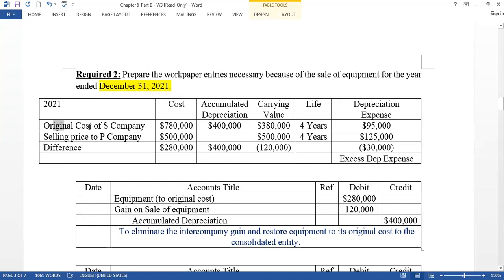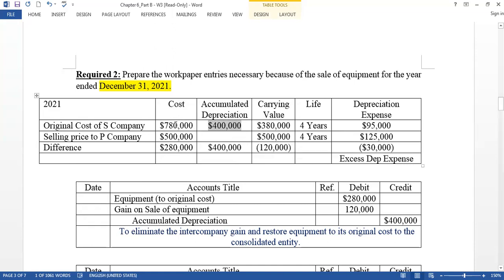So the original cost of this equipment by the subsidiary company was $780,000. So this is the cost column: cost and accumulated depreciation. We can do it together. Cost of the subsidiary was $780,000, and they recorded accumulated depreciation $400,000.